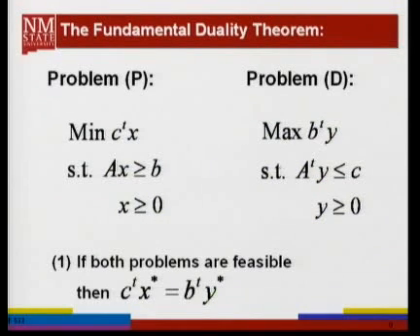Today we are going to learn about other duality theorems. First, the fundamental duality theorem. This theorem tells us, first, if both problems, the primal and dual problems, are feasible, then both have an optimal solution, and their optimal values are equal.